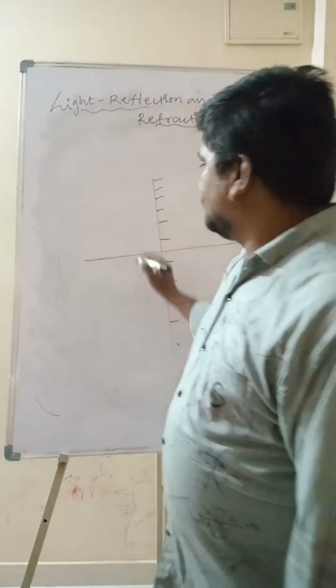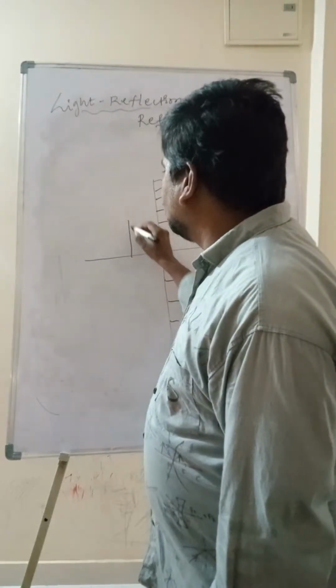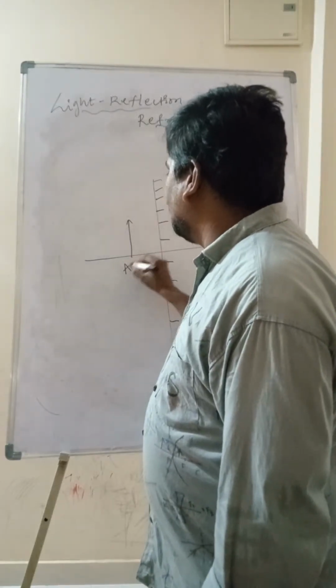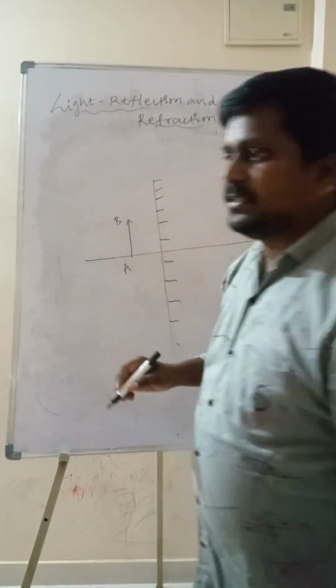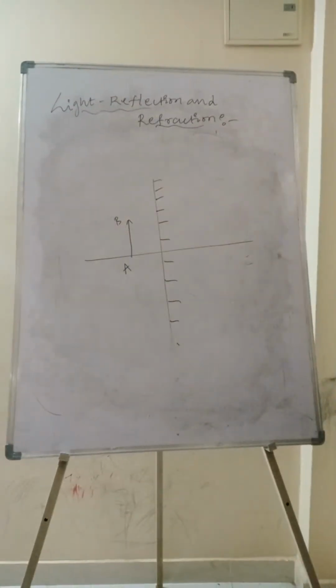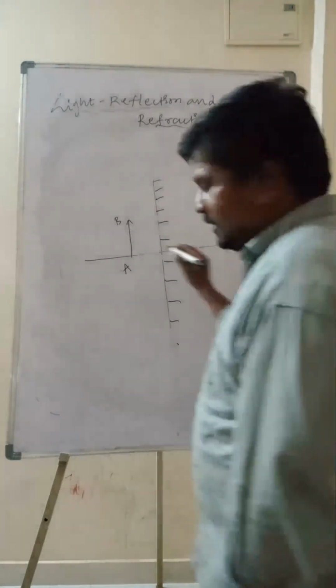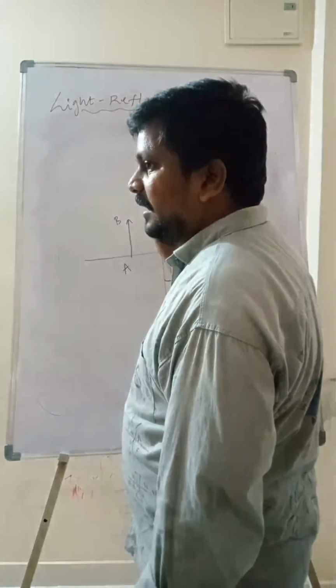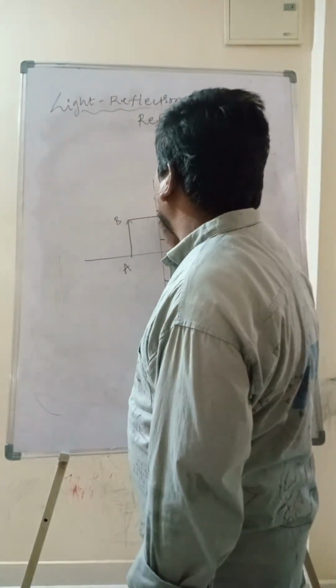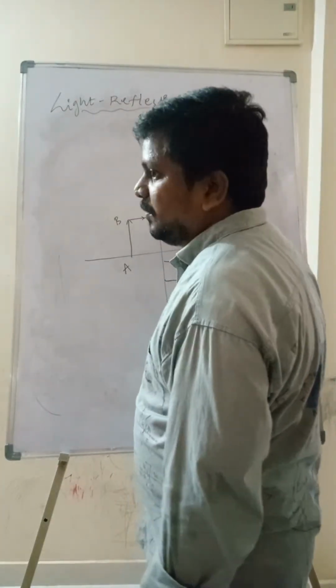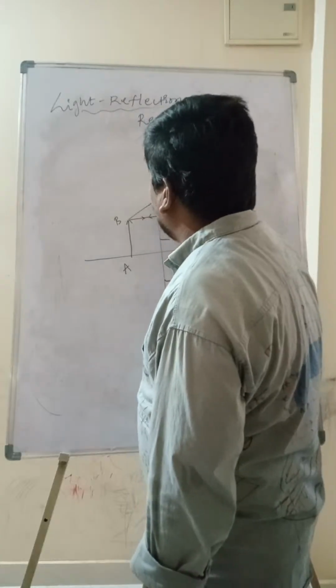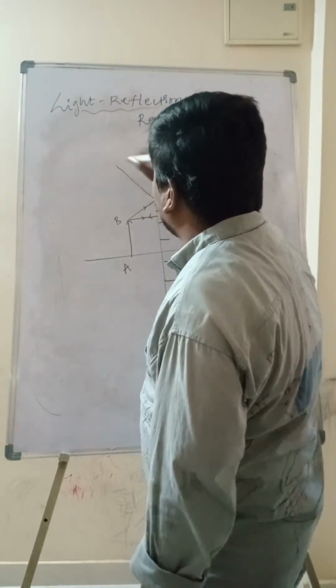Here I am considering this object. The height of the object is AB. One light ray I am taking like this, and one more light ray I am considering. It will be reflected back.